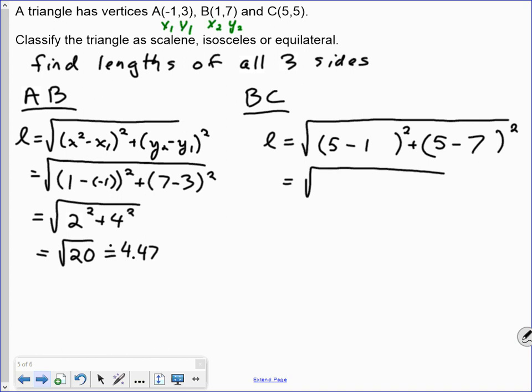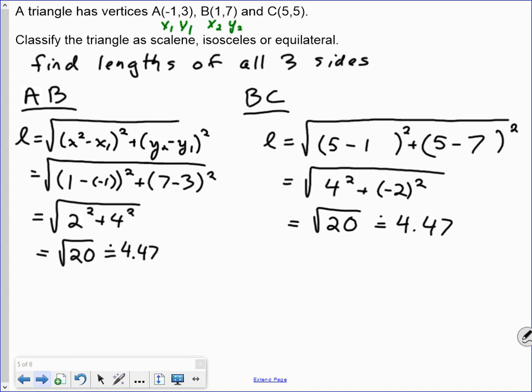So 5 minus 1 is going to be 4 squared, plus 5 minus 7 is going to be -2 squared. I'm going to get 16 plus 4. Oh, so I get root 20 again. So already I can see that side AB and side BC are going to be the same length.